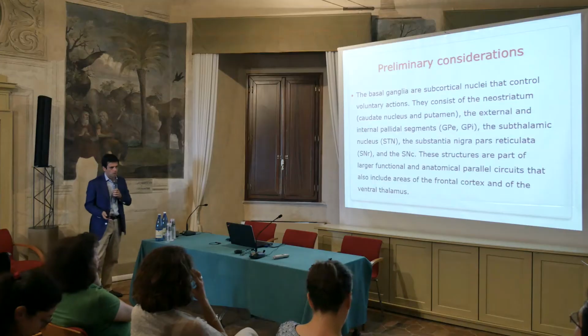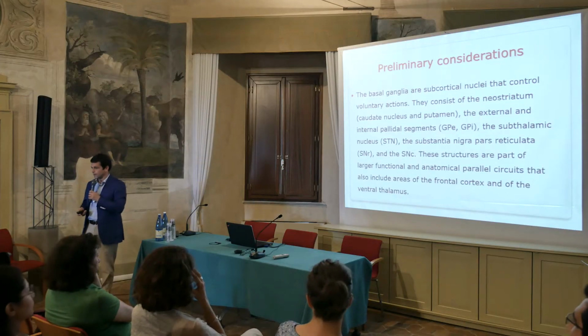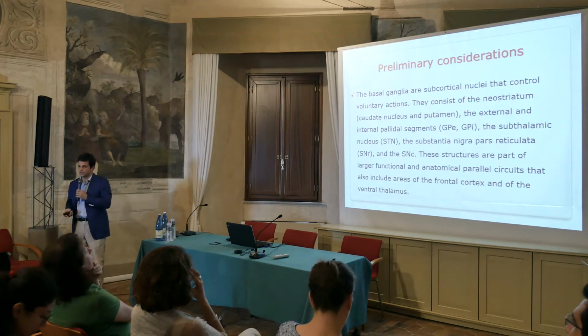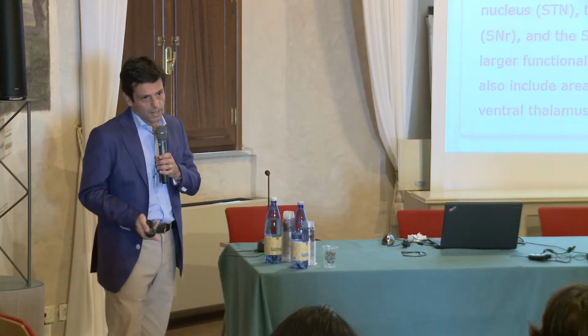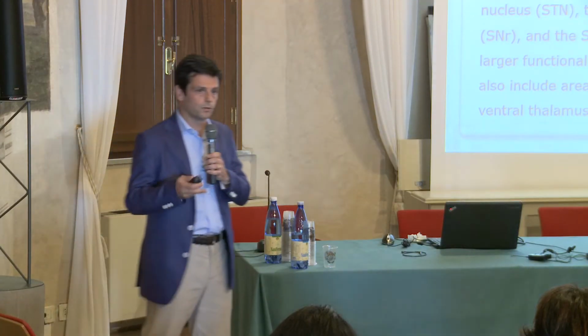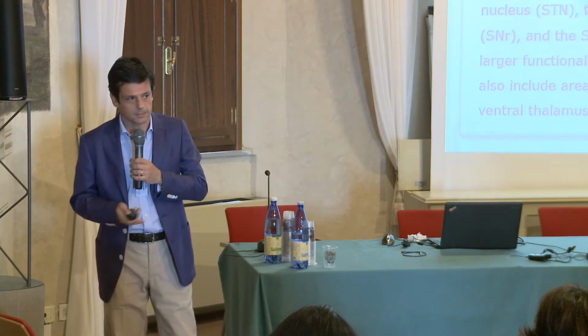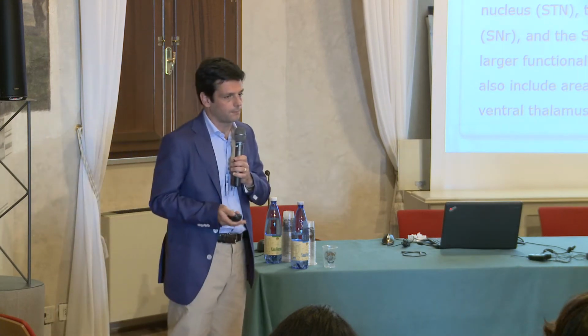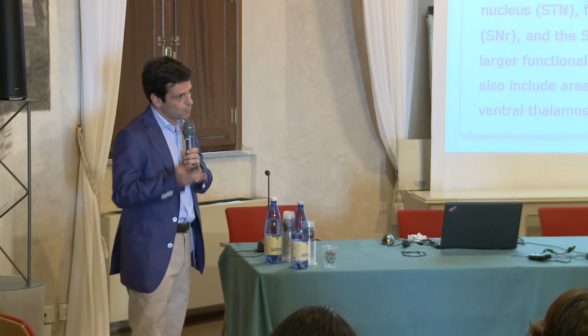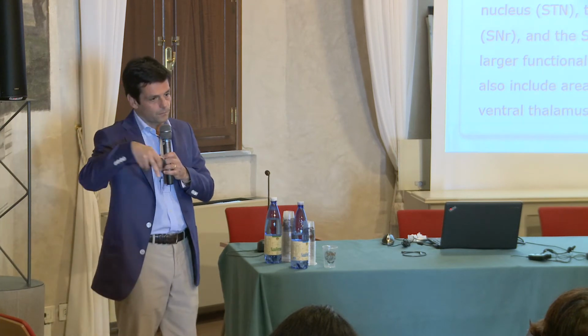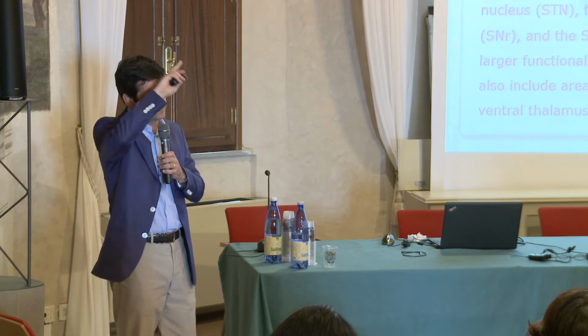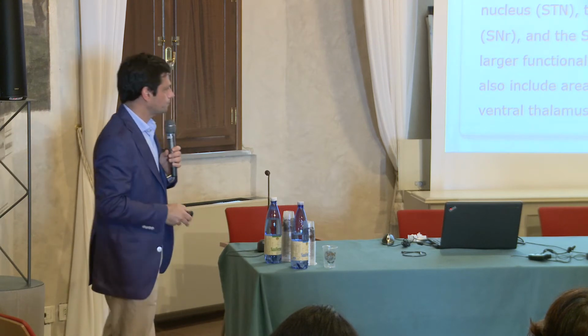And then you have two segments of the globus pallidus, an internal and an external part, the subthalamic nucleus, and of course, both substantia nigra pars compacta and pars reticulata. Of course, you will see that this loop is closed through the thalamus and back to the cortex.